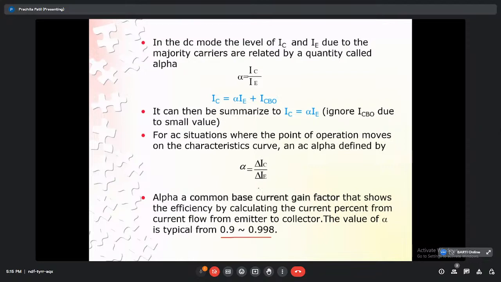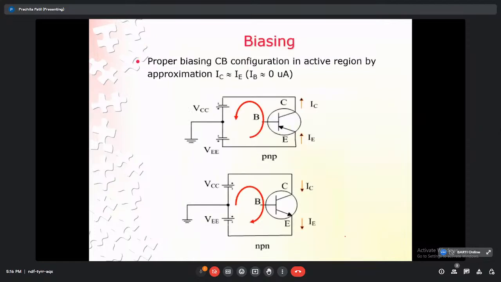Alpha is the common base current gain factor that shows the efficiency by calculating the percent of current flow from emitter to collector, and the value of alpha is typically 0.9. So it is always less than 1.